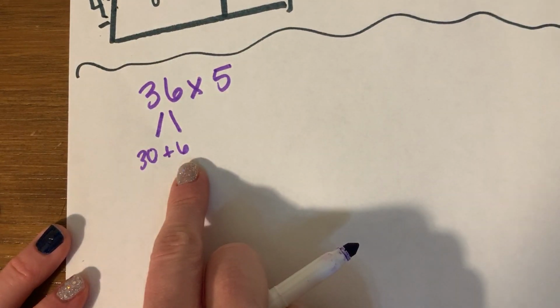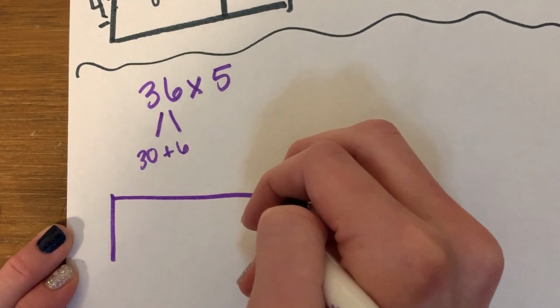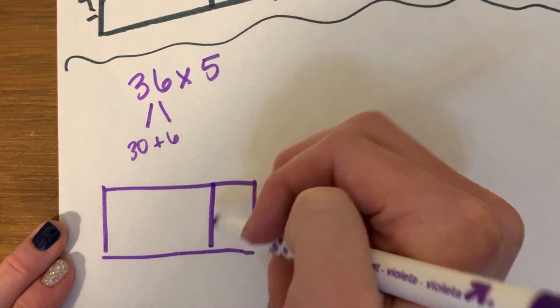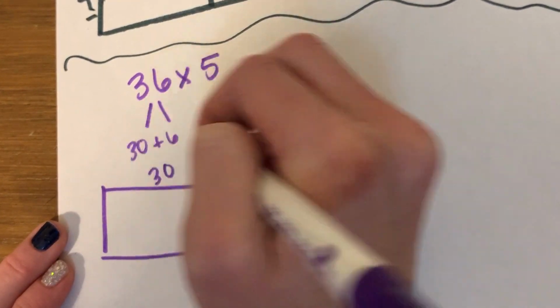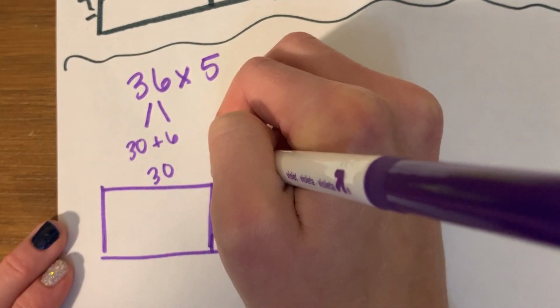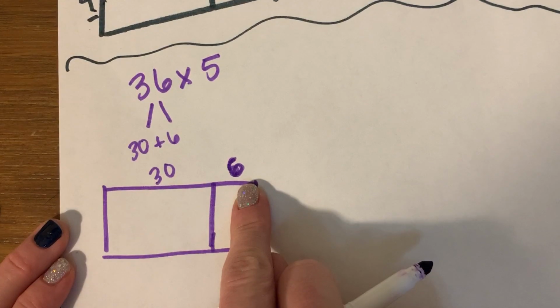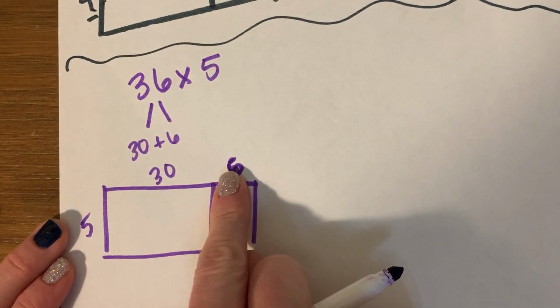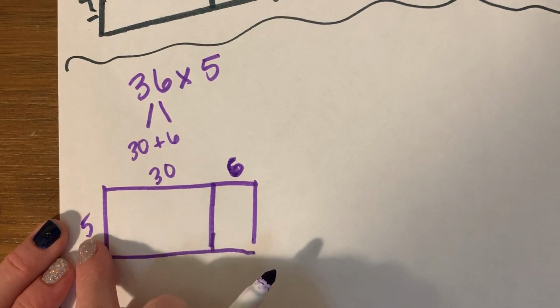It's still 36 groups. I'm going to draw my area model, just a rectangle, and I'm going to divide it into 2 parts. This is my 30. This is my 6. So I have 36, and my 5 goes over here. Okay, I still have 36 groups of 5.